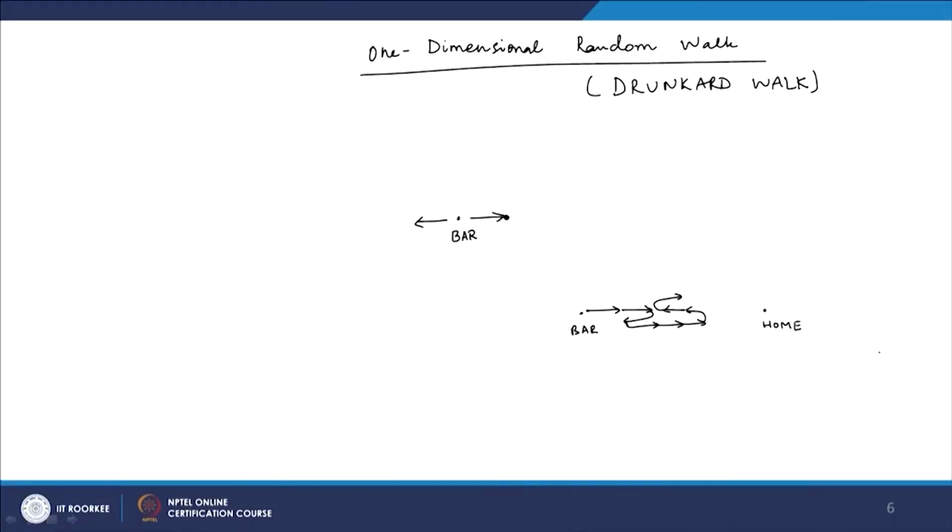Okay. So, now in this case if I want to represent the segment vectors or his step vector, then that vector is either to the left or to the right.